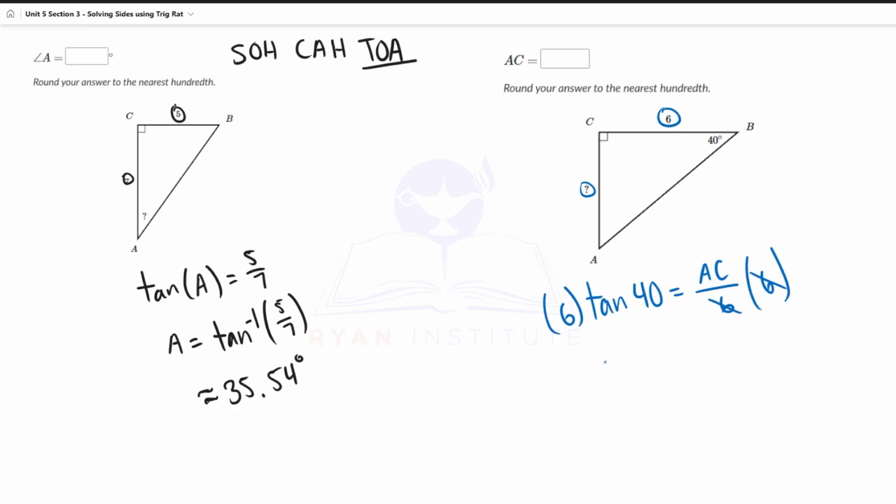This is now, and I'm just going to switch the order here, AC equal to 6 times tangent 40. Right? And so once we figure that out, put this in the calculator, it is going to equal roughly 5.03. And we're done.